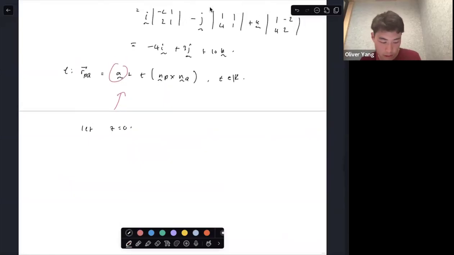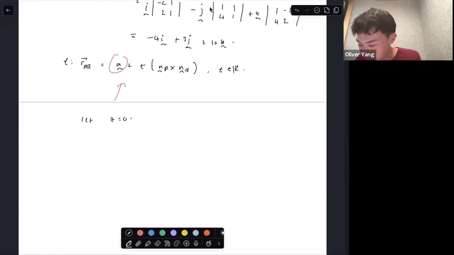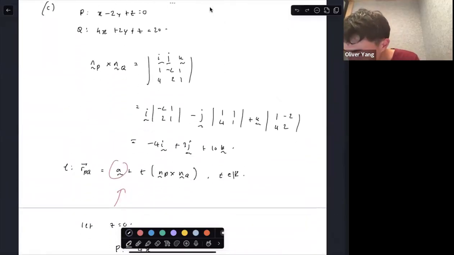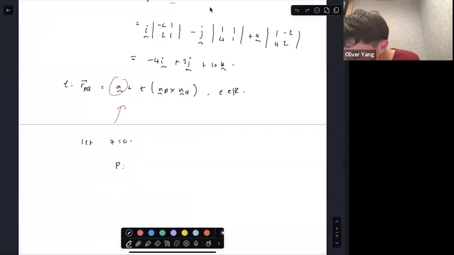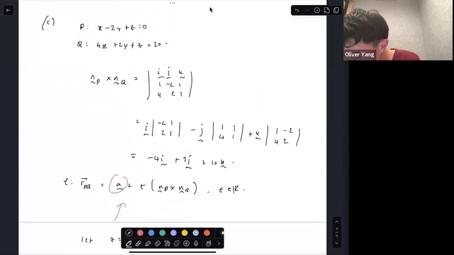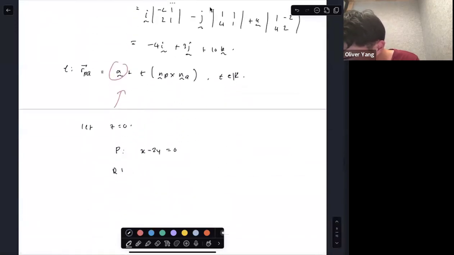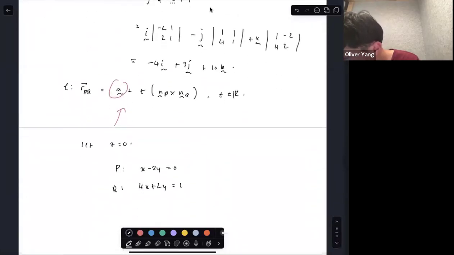So when we let Z equal 0, our plane for P is x minus 2y equals 0, and then our plane for Q is going to be 4x plus 2y equals 20. And then this becomes y equals x over 2.